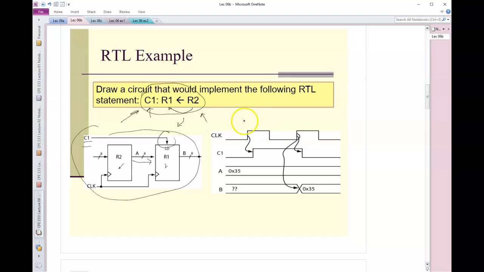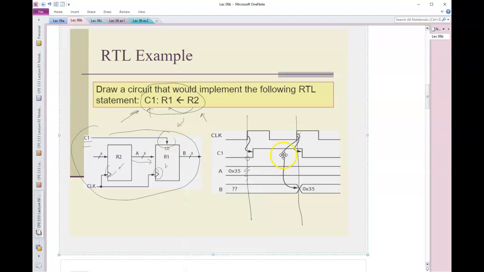Now the associated timing diagram is certainly synchronous. You get to see a rising edge here. When C1 is not asserted on the rising clock edge, it doesn't load anything. It waits till the clock edge when C1 is asserted, and the data on A, right here, gets loaded into the register R1.